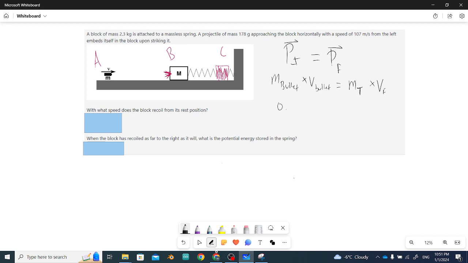So let's replace. 0.178 kilograms times 170 meters per second is equal to total mass. The total mass is 2.3 plus 0.178, and that's 2.478.